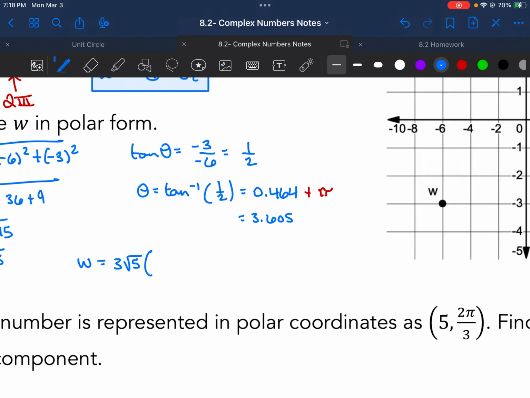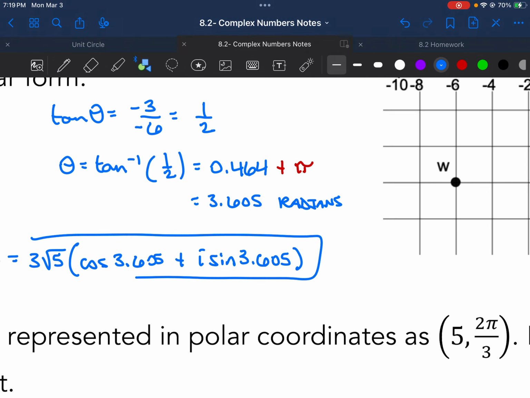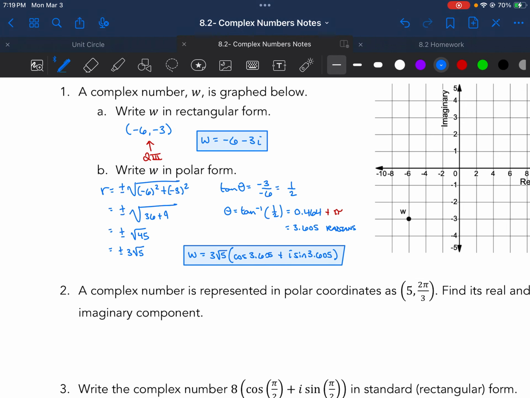Cosine of our angle is 3.605 radians. So cosine 3.605 plus i sine 3.605. So here's our complex number W written in polar form.